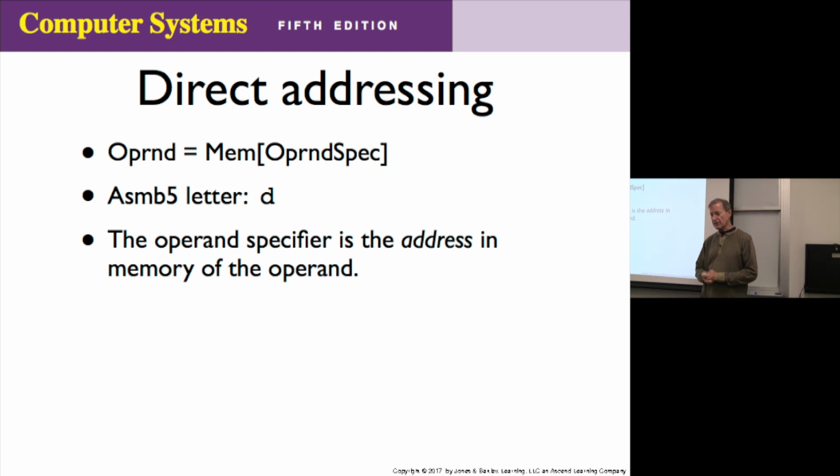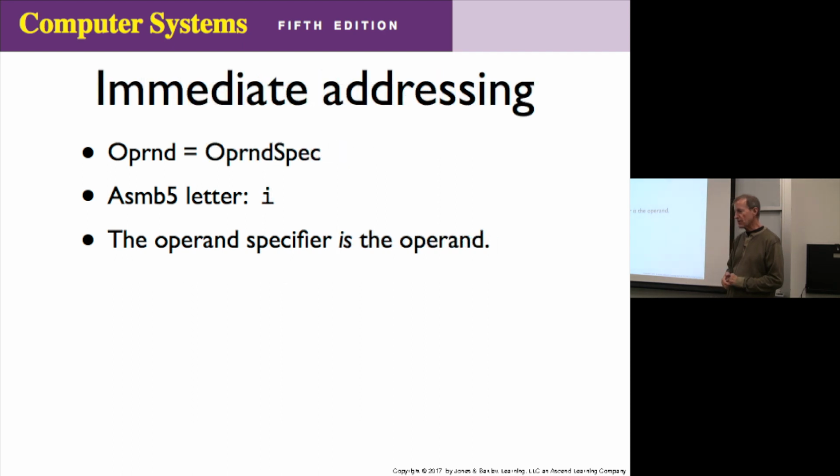The assembly-level letter for that is a lowercase d, and you've done programs with that. Now this next addressing mode we're going to learn is called immediate addressing. Let's contrast immediate with direct. With immediate addressing, the operand specifier is the operand.